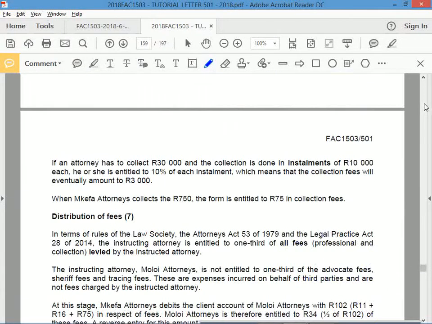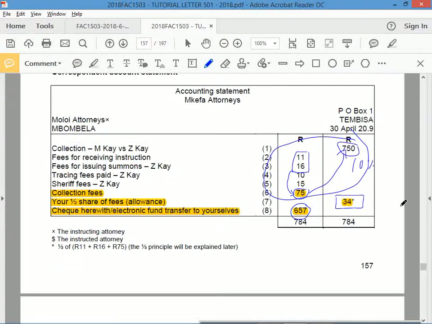Because here you had 657. 657 is the transfer, and that was the 784 minus.